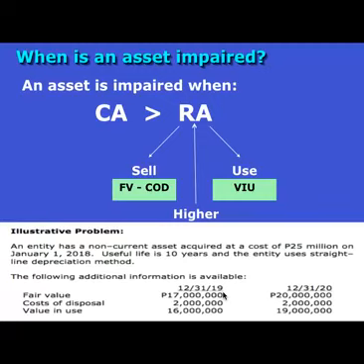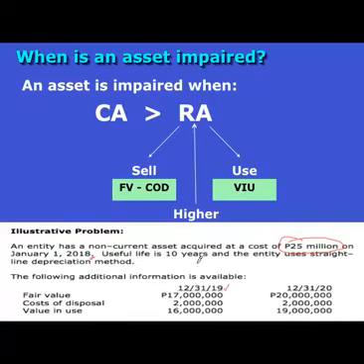First, we need the carrying amount. Cost is 25 million. It was acquired on January 1, 2018, so 2 years already as of this date: 18, 19. No residual value.